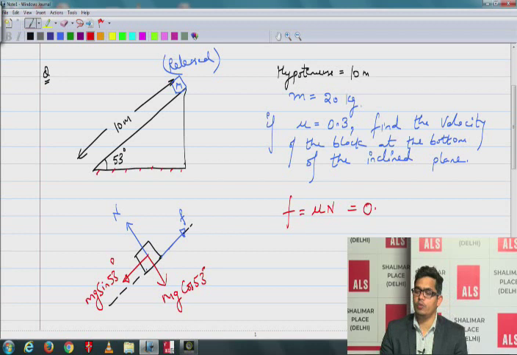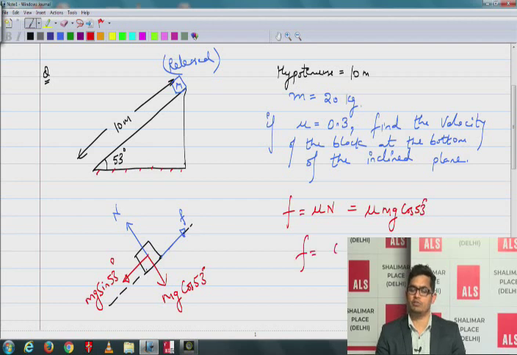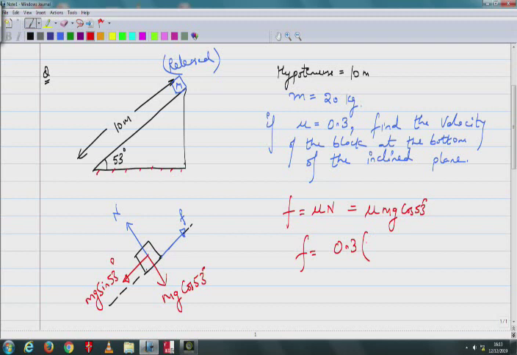Mu is 0.3, and N is equal to mg cos 53. So friction is equal to mu mg cos 53, which is 0.3 times mass 20, g is 10, cos 53 is 3 by 5.